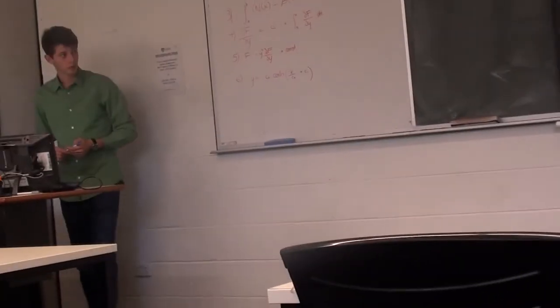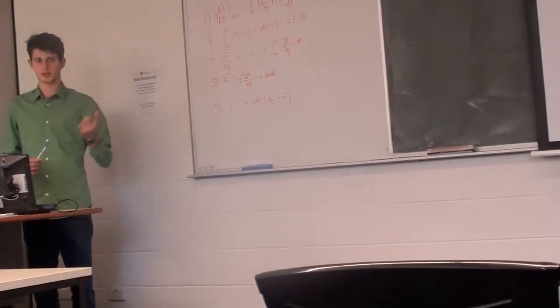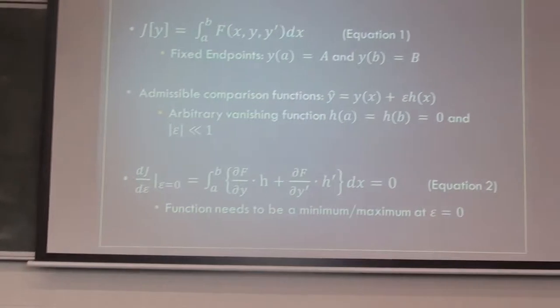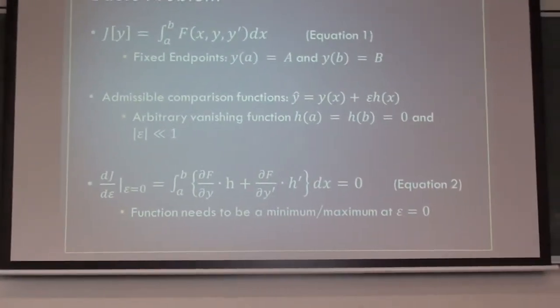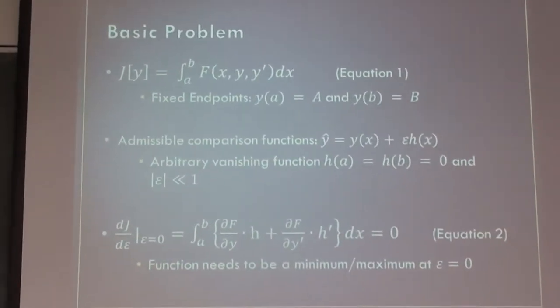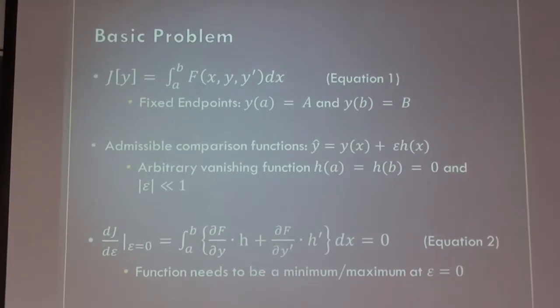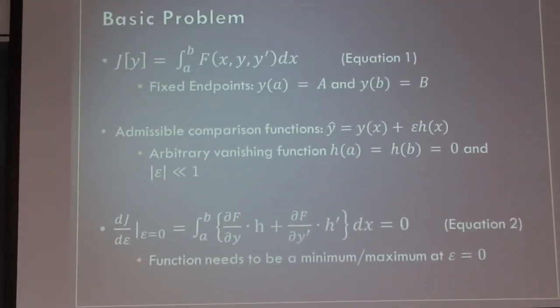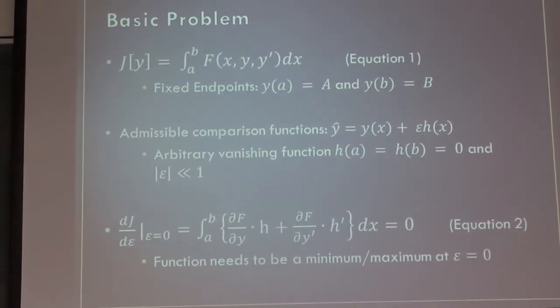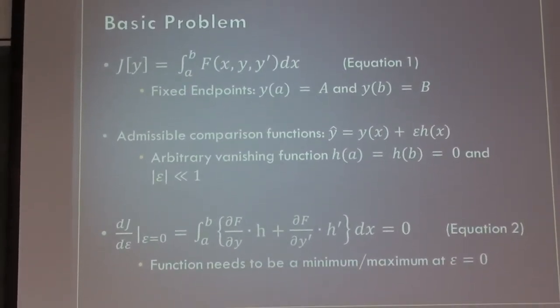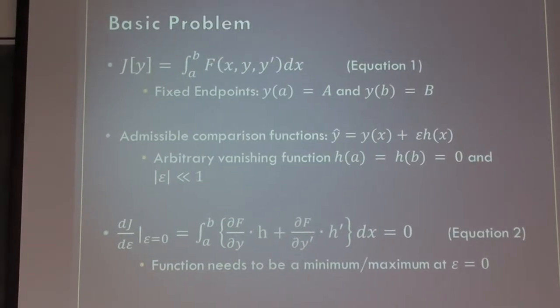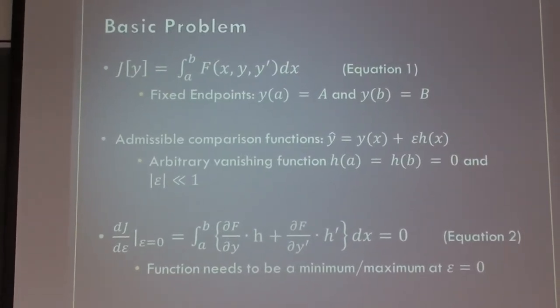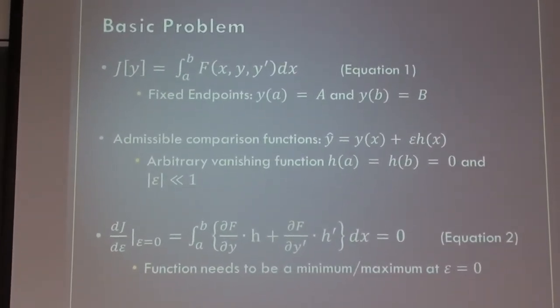So when we plug this set of admissible comparison functions into J, we get a function of epsilon. When we have the function of epsilon, we can differentiate with respect to one variable, and once the derivative equals 0, we can find a maximum or a minimum point. There's one thing we look at in this chapter, which is that these are only called weak local minimums and weak local maximums because we have this constraint on the admissible comparison functions.